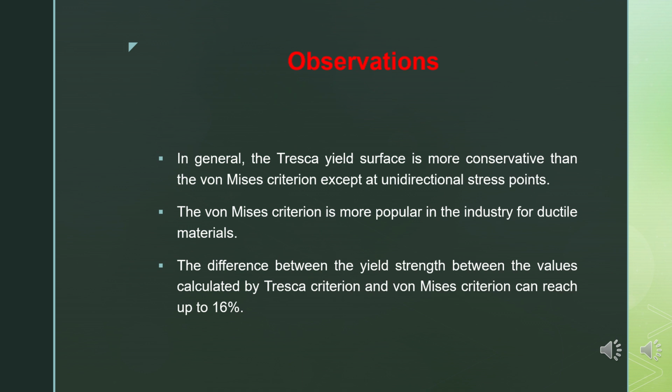I have so far described how to draw the yield surface. Now I'll be making some observations. The Tresca yield surface is fully inside the von Mises yield surface, so the Tresca yield surface is more conservative.